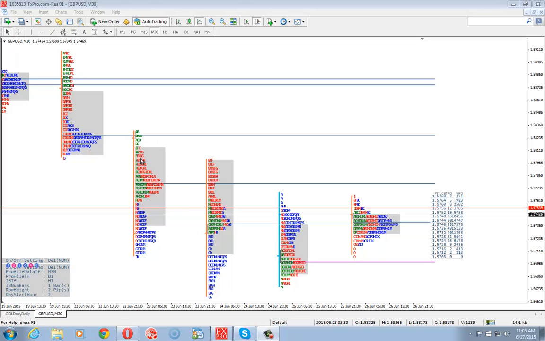Green represents the Asia session, red represents the London session, and blue represents the New York session. The first letter A would be the first half an hour, in this case blue coded, so this is the first half an hour in the actual New York session. Stuff like this is really, really helpful.